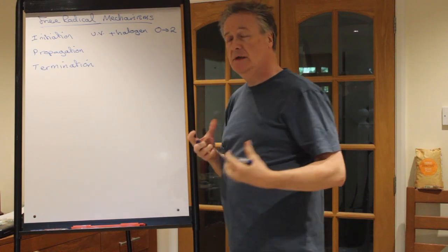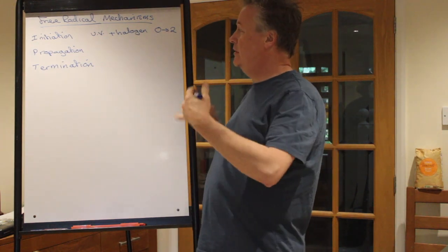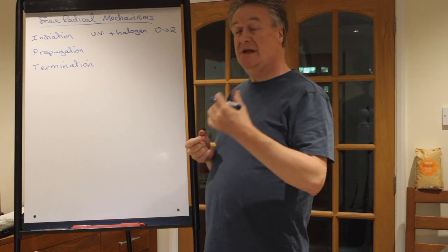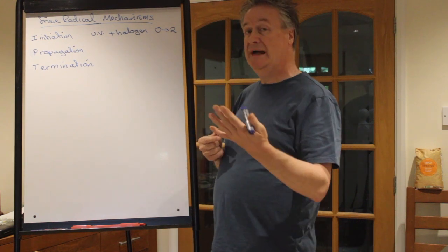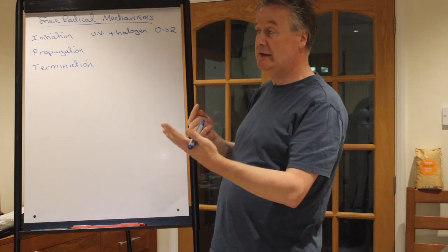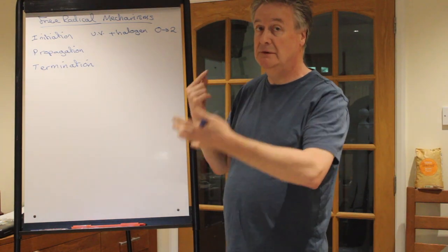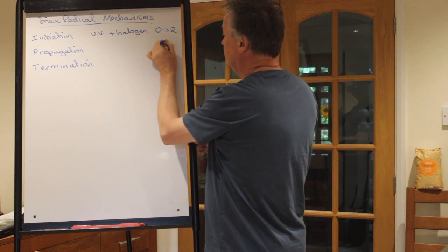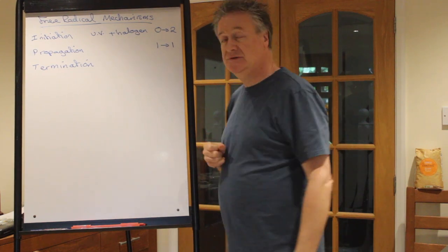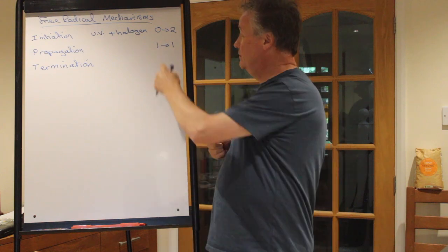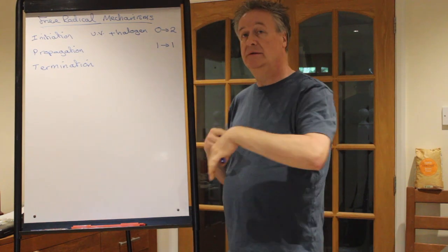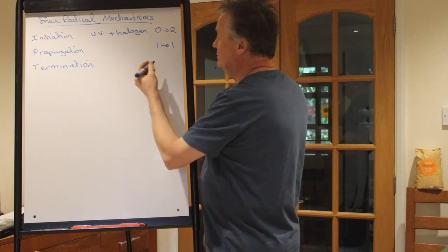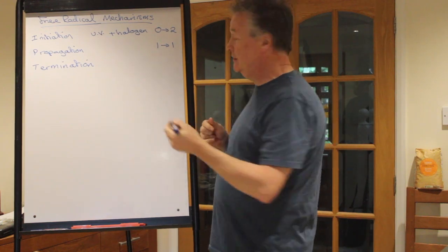Propagation, now in any mechanism there are a whole collection of propagation steps, but they all have something in common. They all have a free radical and a non-free radical producing a different free radical and a different non-free radical.